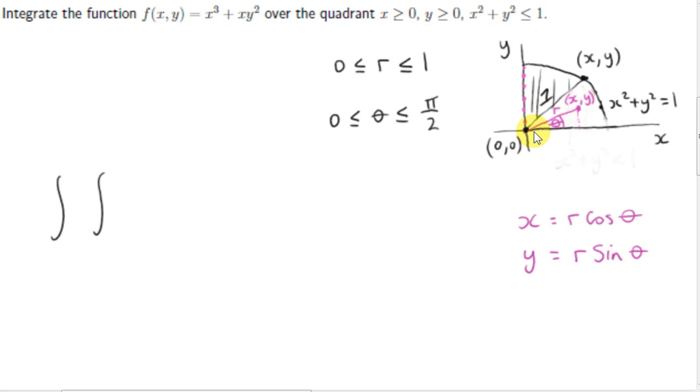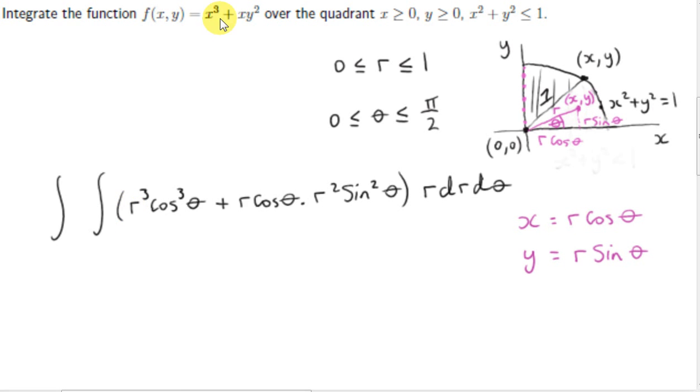So the distance of the point to the origin is r. We know that the side adjacent to theta in this right angle triangle is r cos theta. So that's what x is. And y is just r sine theta. So we have to get x cubed, so we've r cos theta cubed here.